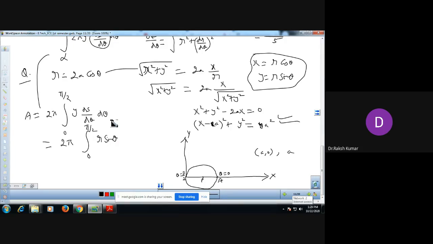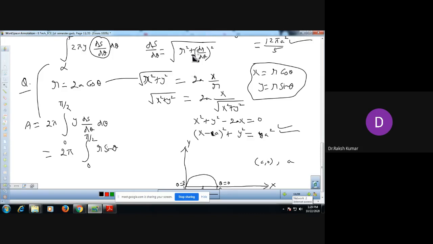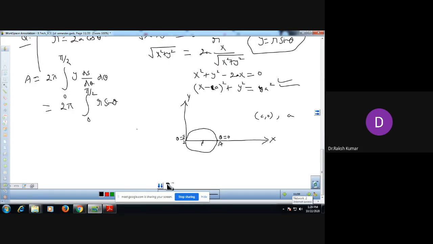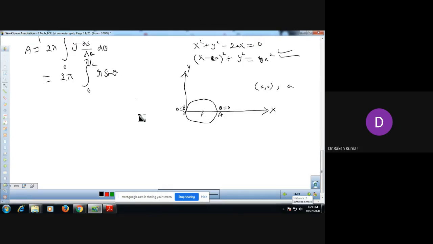So let us compute the value of ds over d theta by using this formula. This is the formula we need to use for computing ds over d theta. So ds over d theta is equal to the square root of r square plus dr over d theta whole square.